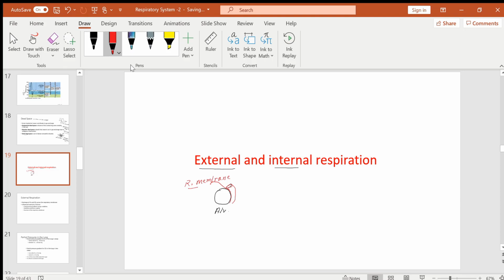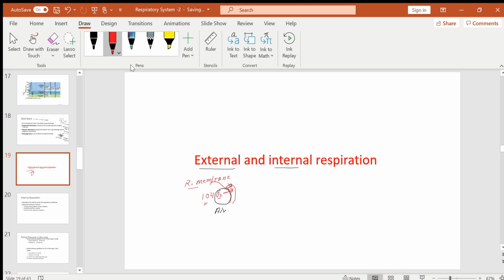Anyway, so blood goes to the lung to get oxygen, right? So from the alveolus, oxygen goes to the blood. We know that, we talked about that. So the pressure of oxygen should be higher inside the alveolus and lower inside the blood. Makes sense? That will move the oxygen. So how much pressure is inside the alveolus? 104 millimeter of mercury.